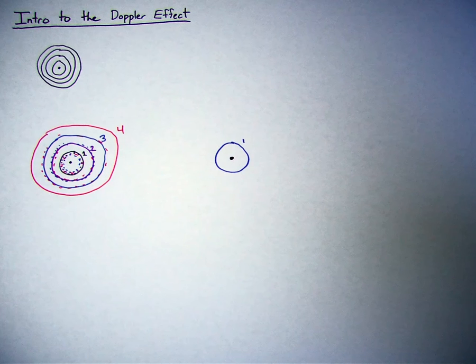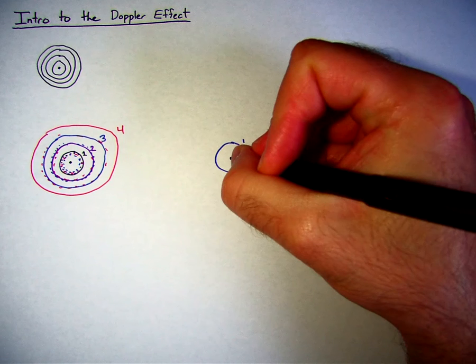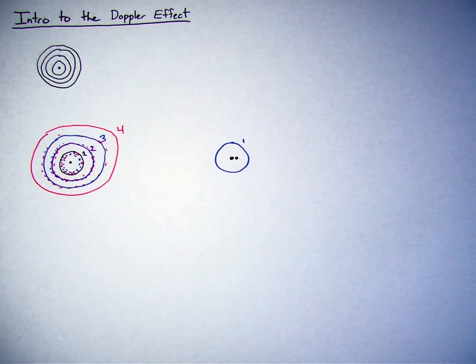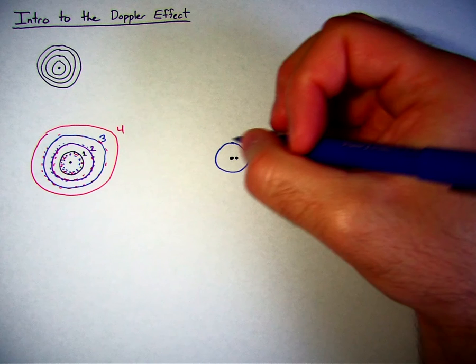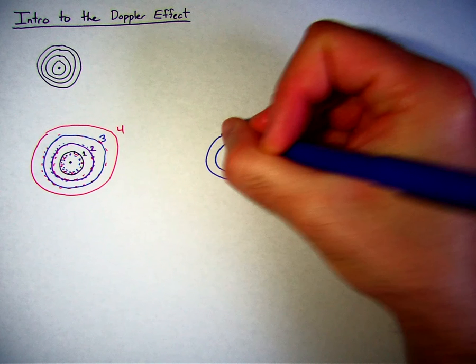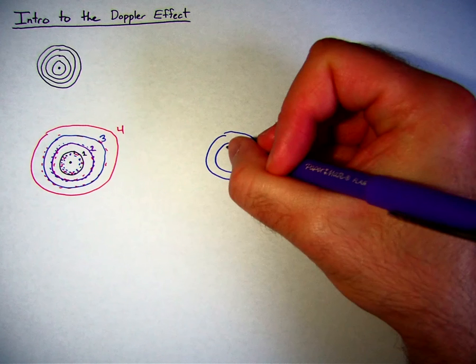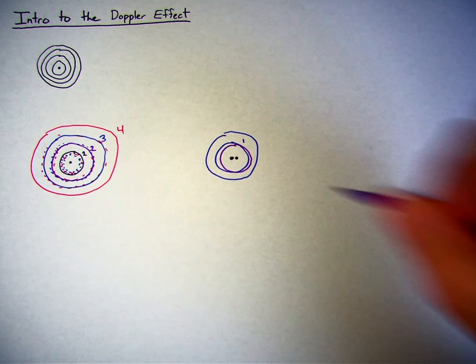But we're moving a little bit to the right, so the next circle we create is right there. After 1 second, this first circle is still concentric to where it was originally, but we're going to have a new circle that's more like that.